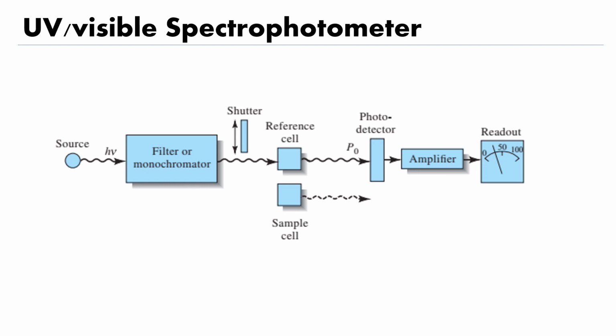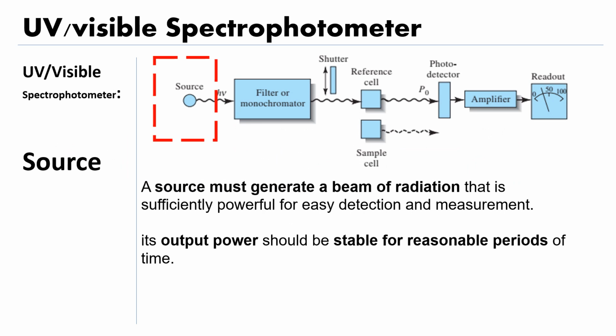The reference cell is a sample holding cuvette. In the reference cell we can put the standard compound, and in the sample cell we put our testing sample. Then there is a photo detector, amplifier, and the readout or display. We will go step by step through each of these components.